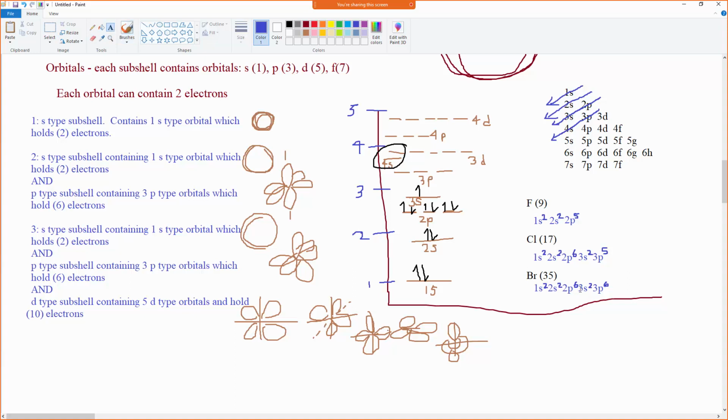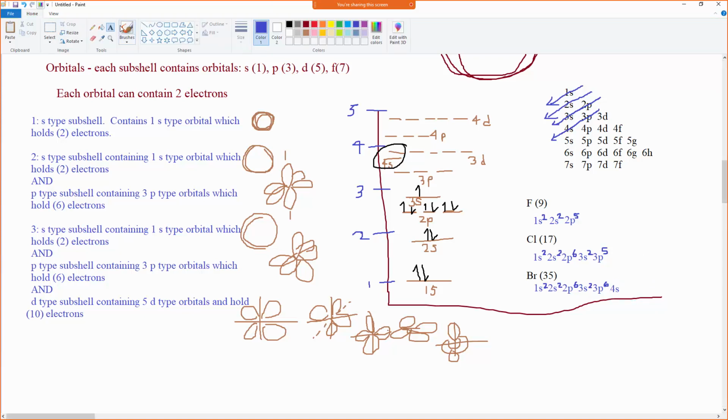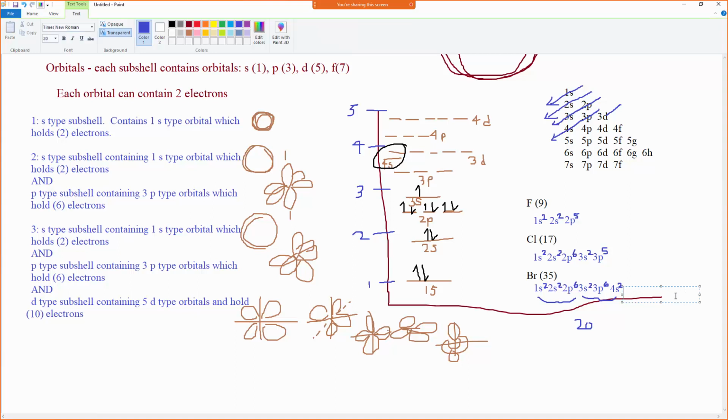All right, so that gives me 4s. And the 4s level can hold 2 electrons. All right, so just as a double check, we've used 10 electrons there. And that's another 10. So we've used 20 electrons and we still have 15 left. So we're going to keep going. And now it says, oh, hey, you've got to put stuff in the level 3D orbitals.